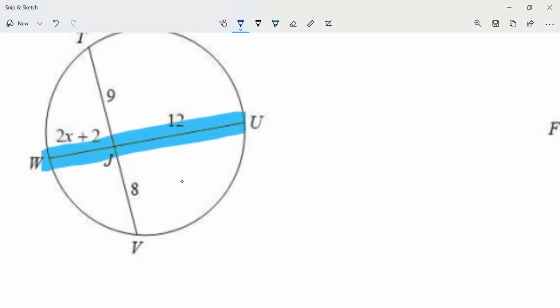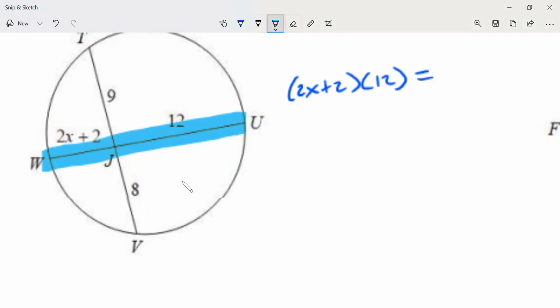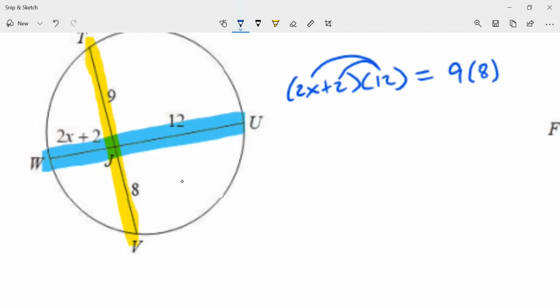So I'm just going to go 2x plus 2 times 12 equals, my other segment is made by the measurements 9 and 8, so 9 times 8. I know that the distributive property says the number outside of the parentheses is multiplied to the terms on the inside. It never said I have to go from left to right. I can go from right to left.